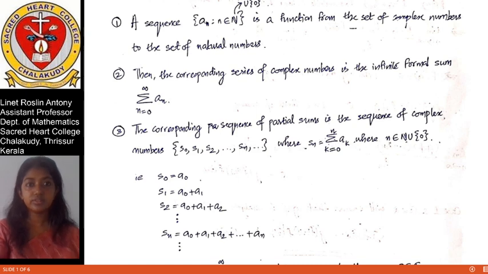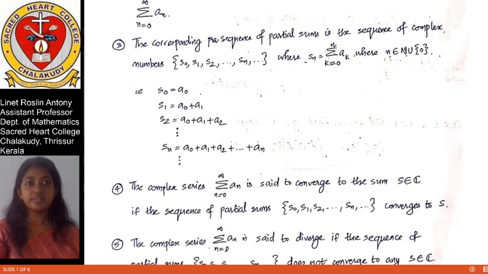It is going on. The third point to recall is the corresponding sequence of partial sums, defined as the sequence of complex numbers s0, s1, s2, etc., sn, where Sn in general is equal to summation k equal to 0 to n a_k, where n belongs to the set of natural numbers union {0}.